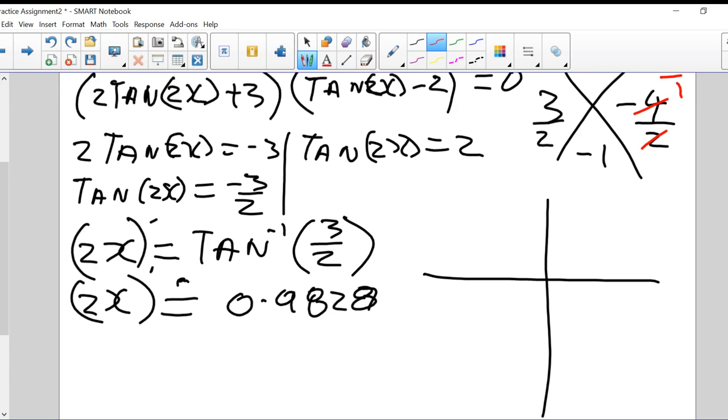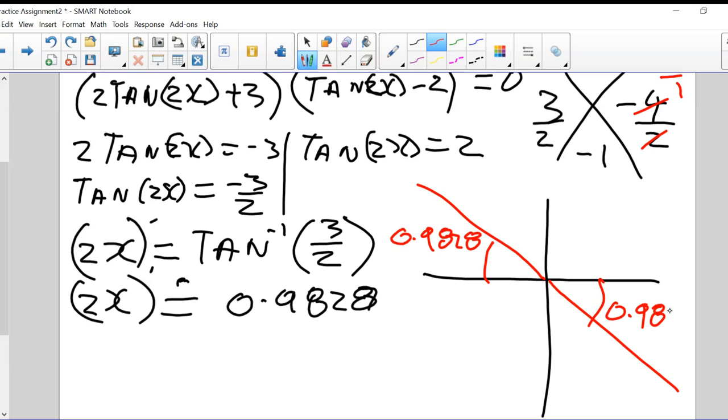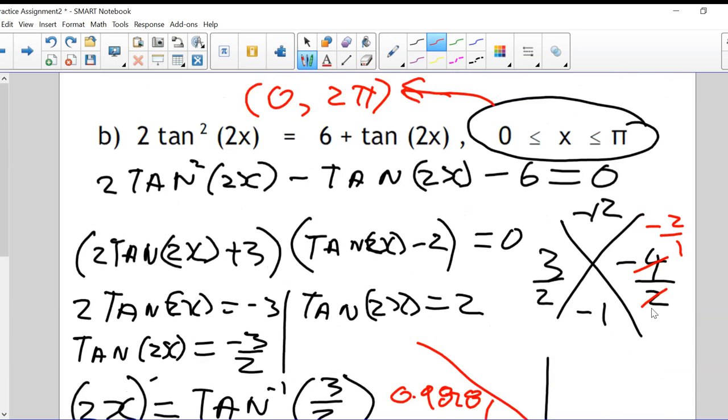All right, so let's do that. So there and there. And again, it's always measured to the x-axis. 0.9828 from here, 0.9828. So the question now, Jeremy, is they asked us to go from 0 to pi, but we agreed that we would go from 0 to 2 pi, which means we're going to do a full rotation.